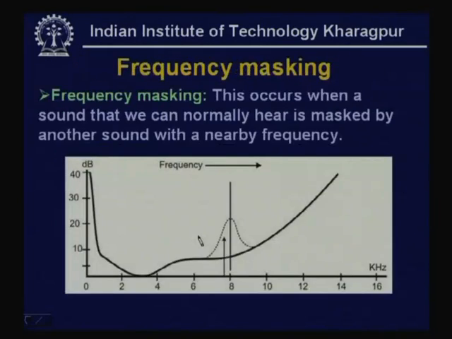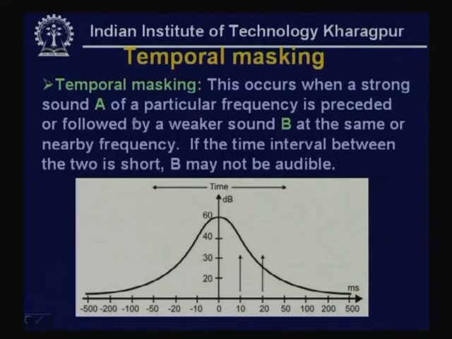Here, the temporal masking is explained in detail. This occurs when a strong sound A has occurred at time instant 0, of a particular frequency, and is preceded or followed by a weaker sound B at the same or nearby frequency. If the time interval between the two is short, B may not be audible.